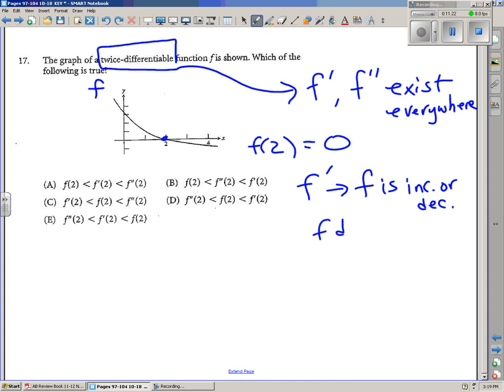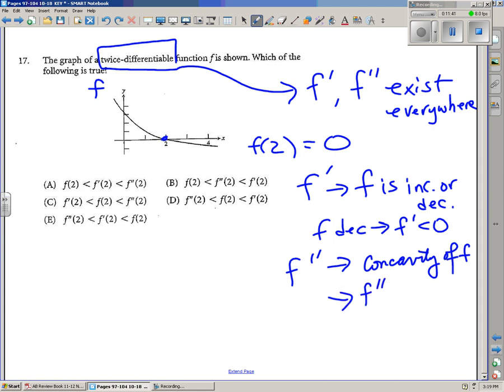So if f is decreasing, that means f prime is negative. f double prime is about the concavity of f. So the concavity of f, this is half of a smiley face, so we are concave up. So that means f double prime is greater than 0.